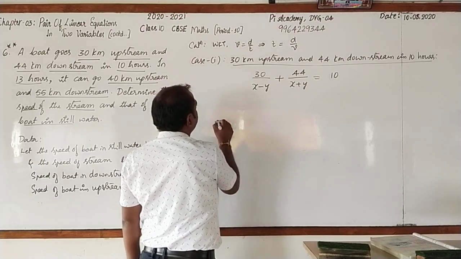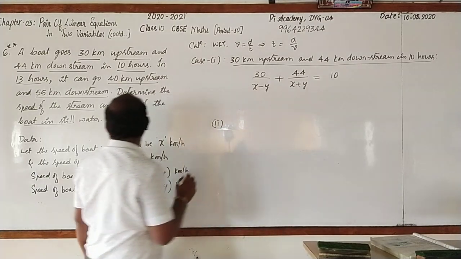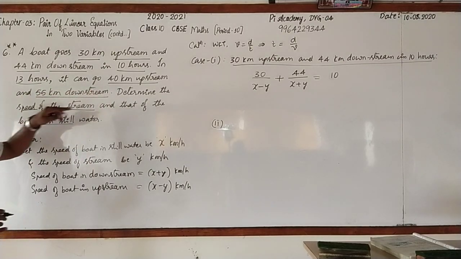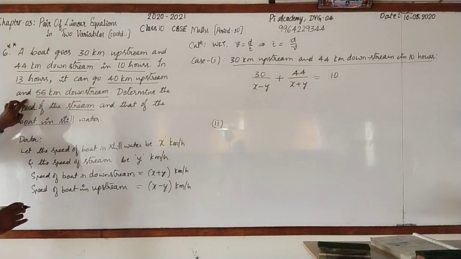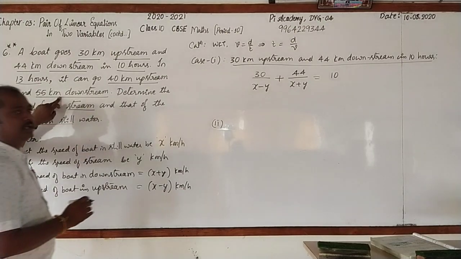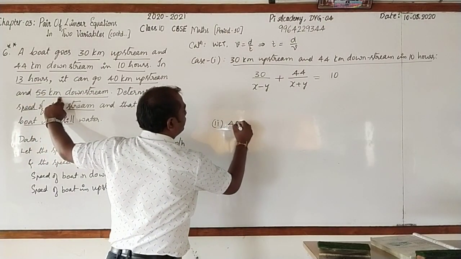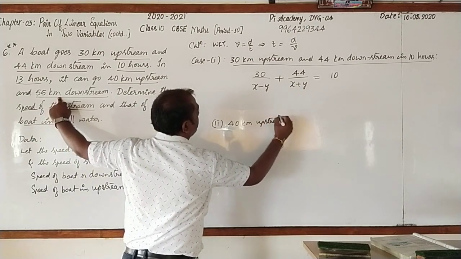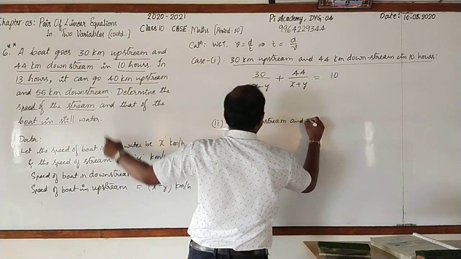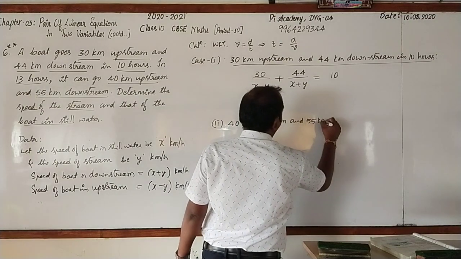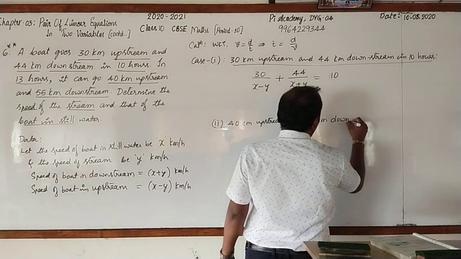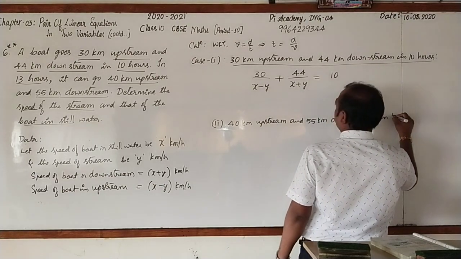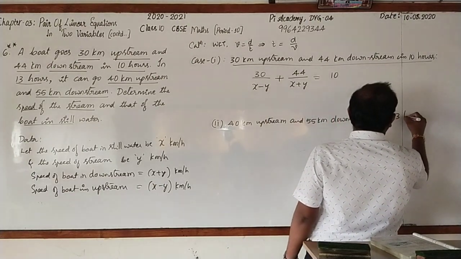The second case is: in 13 hours it can go 40 kilometer upstream and 55 kilometer downstream. Here I'll write 40 kilometer upstream and 55 kilometer downstream in 13 hours.